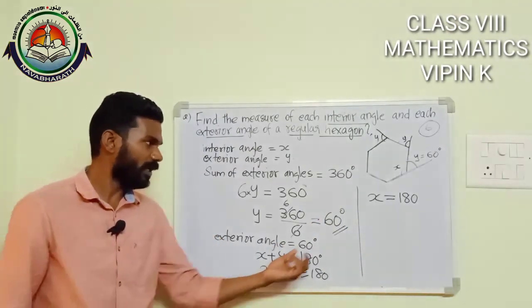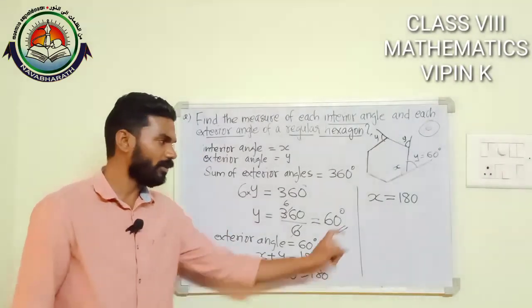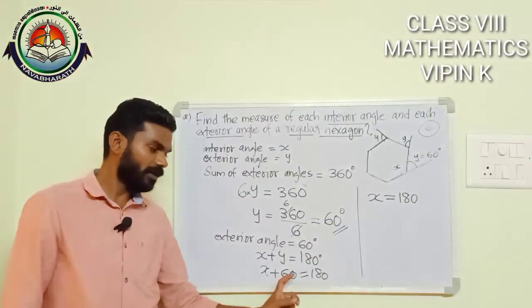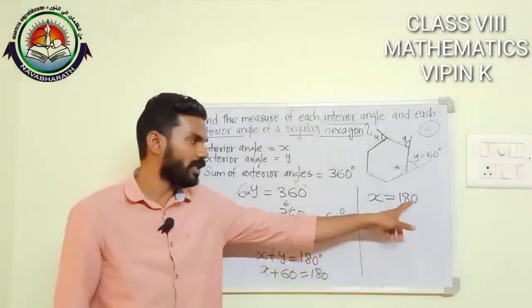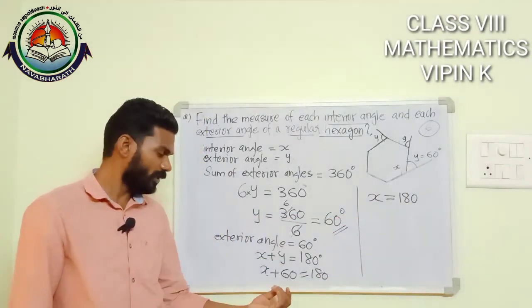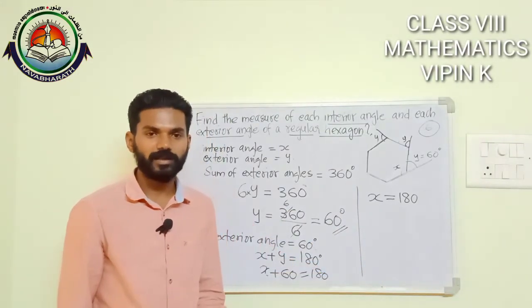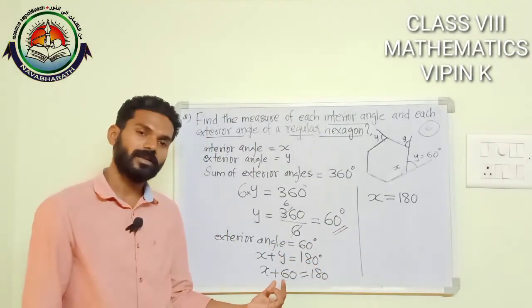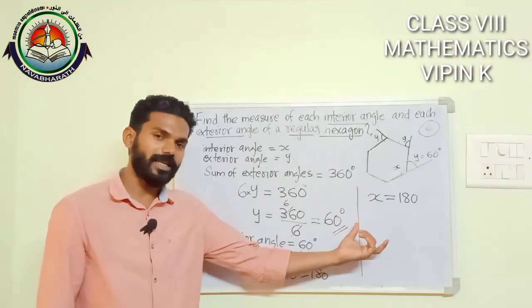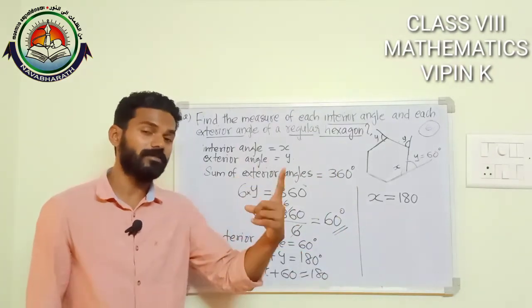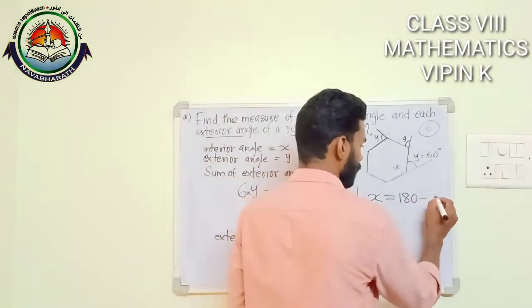We kept the x alone here, then put the equal sign, then wrote the number on the right side, 180. Now this plus 60 has to be carried to the other side. If we are carrying plus 60 to the other side, it would become minus 60.